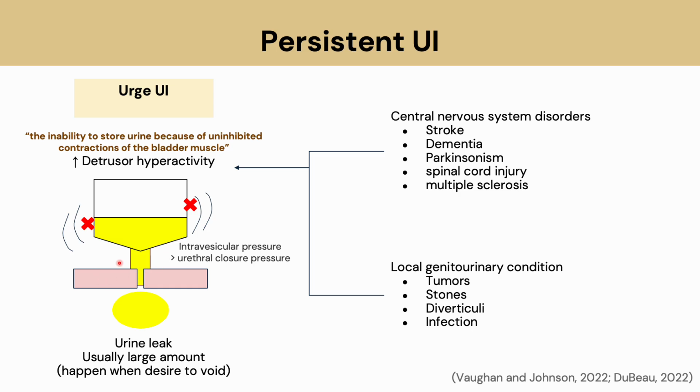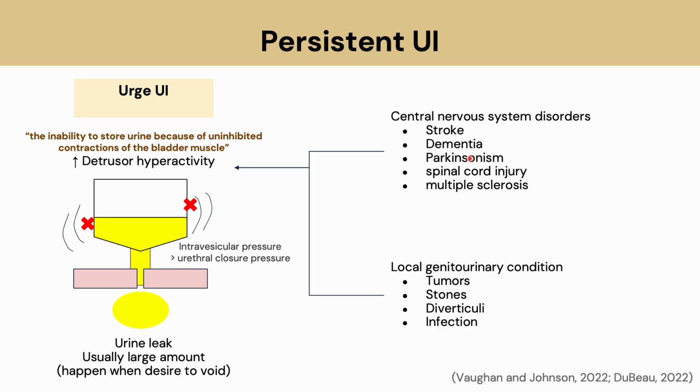It's quite different from stress UI, because in urge UI you leak when you desire to void, so the volume is usually large, but stress UI is accompanied by increased intra-abdominal pressure. So the leakage amount is usually small.